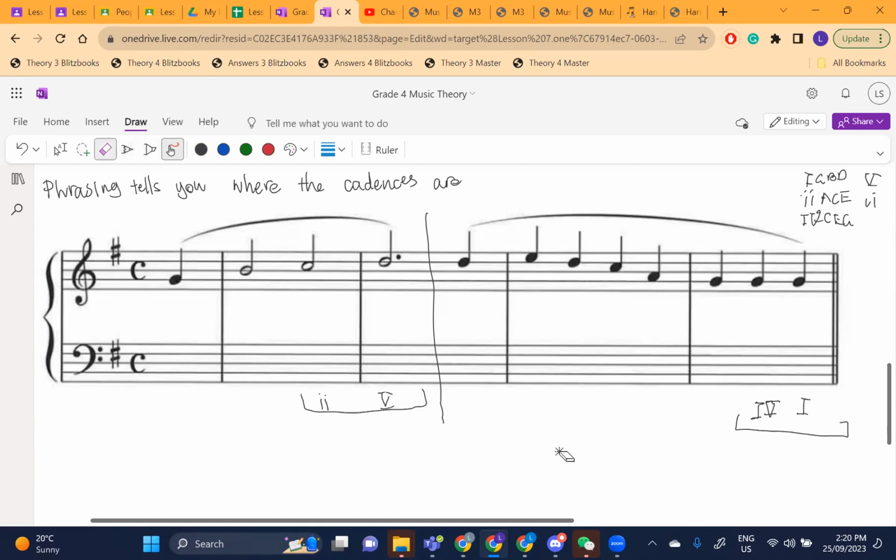Voice exchange here. And now the cadence point here, you can either do 141 or 1641. I choose 16.